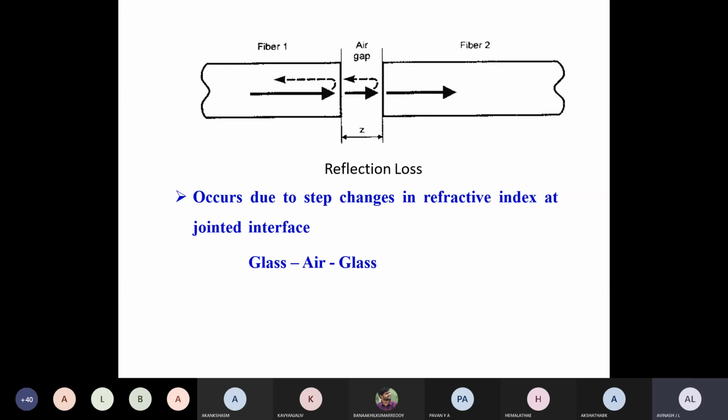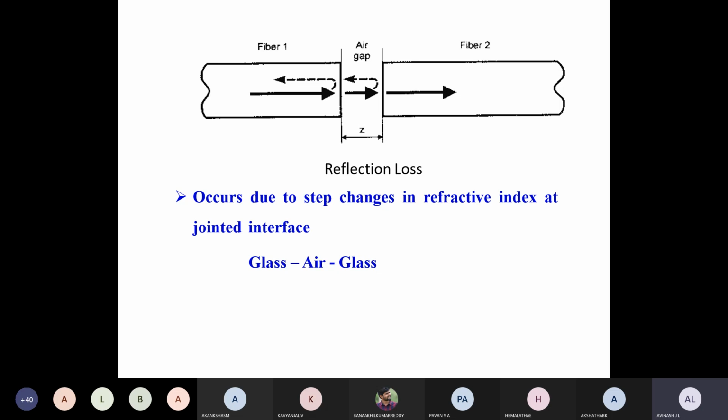So there are two possibilities of reflecting the signal back into fiber 1 itself. When this happens, we lose some part of the energy from fiber 1 to fiber 2. This part is called interfacing loss, the loss due to the interface reflection.